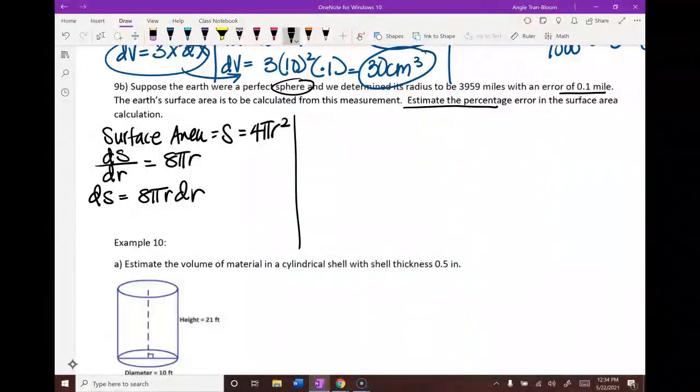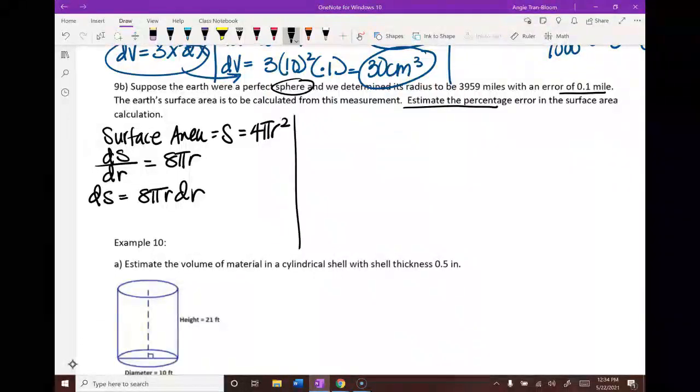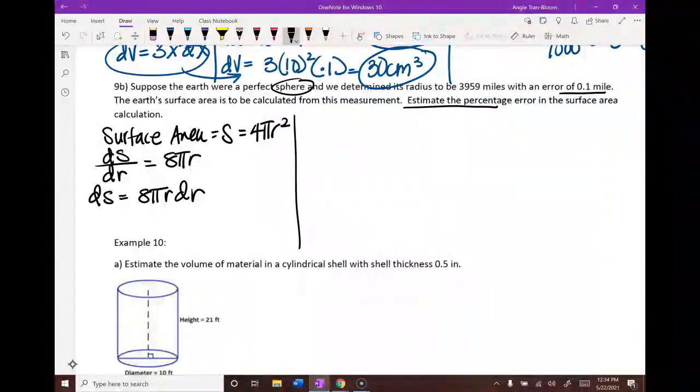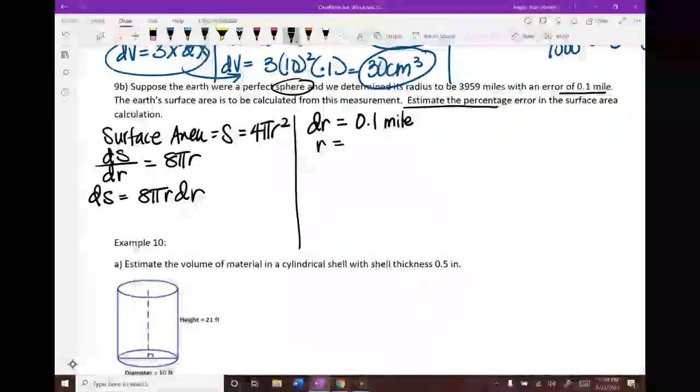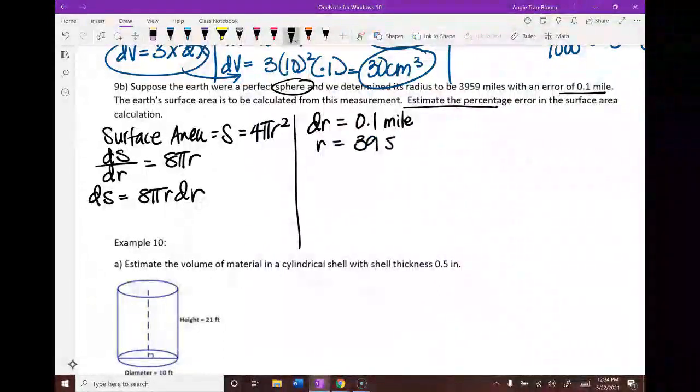You guys, it says we have an error of 0.1 of a mile. So dr is the change in the radius, and the radius is going to be 3959 miles.